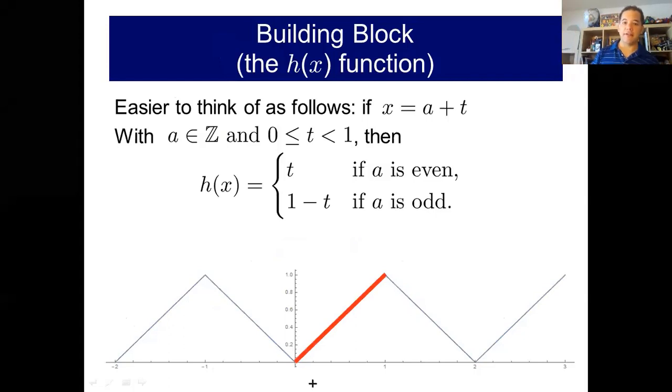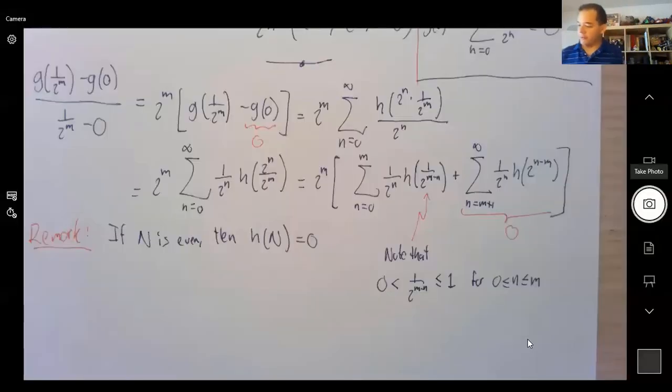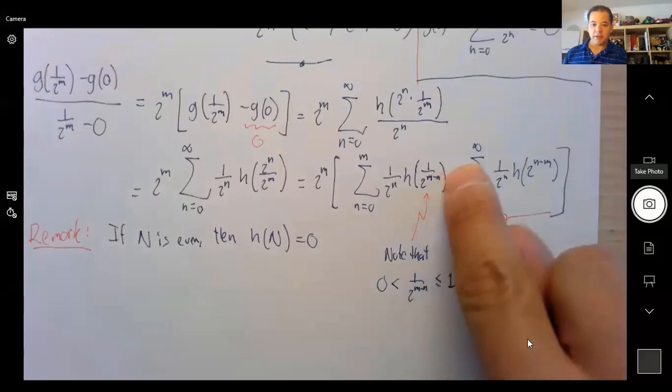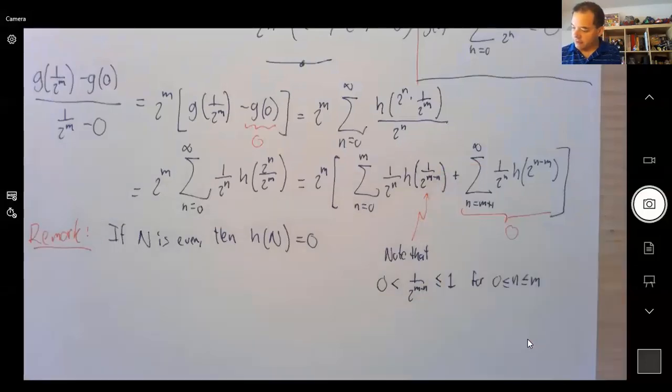So that makes it super nice. So we can go back to what we were doing, and all of these numbers are between 0 and 1, so h of that is the same answer. All right? So let's continue.